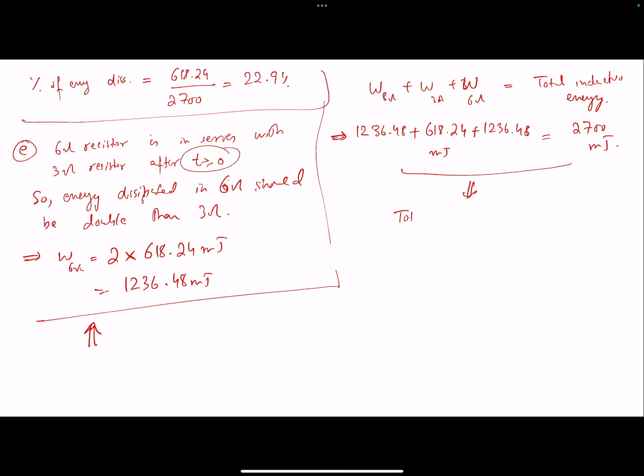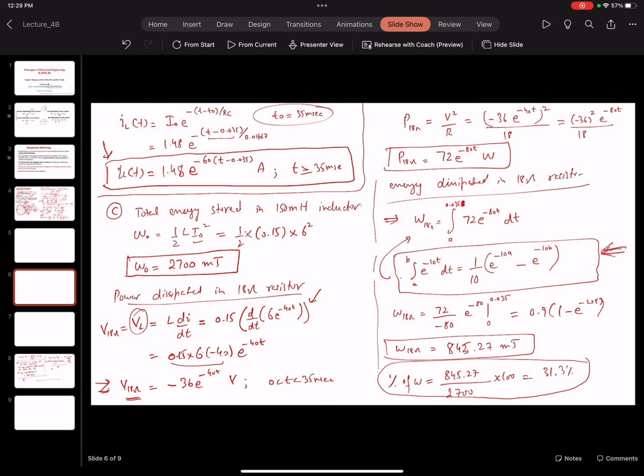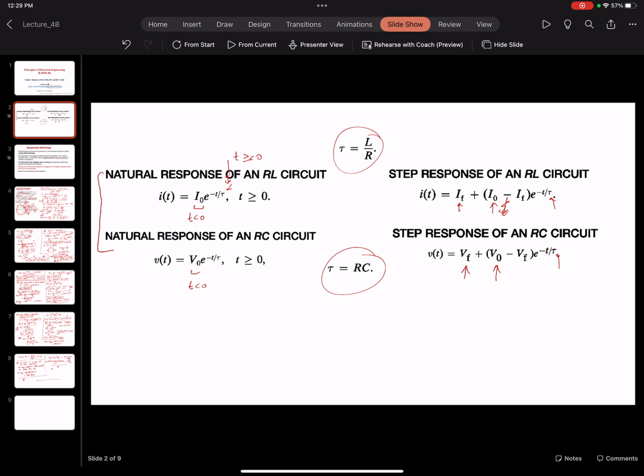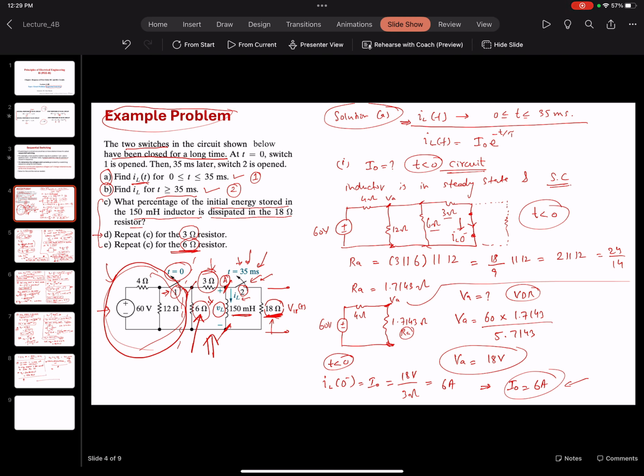Okay, so this is pretty much it. Again, some of the take-home message before I end this lecture is, don't be afraid of the switching events. All you need to do is to remember these equations, literally your natural responses and the step responses, and there's nothing else, and some of the basic concepts that the inductive current and the capacitive voltages do not change instantaneously. And you need to be a little smart in solving these circuits.